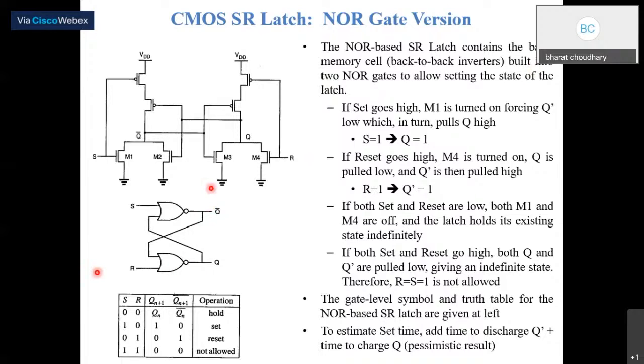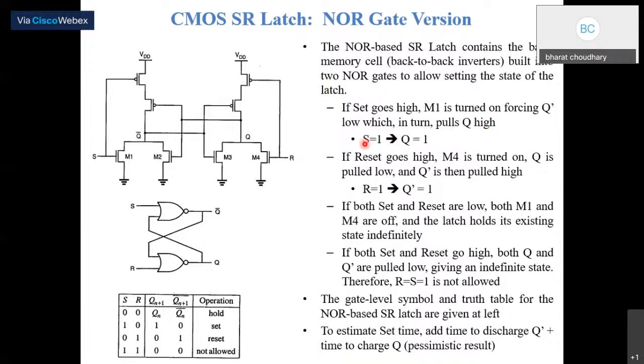These back-to-back inverter gates are built into the NOR gates to allow setting the state of the latch. So when set goes high, M1 is turned on, forcing Q low, which in turn pulls Q bar high.